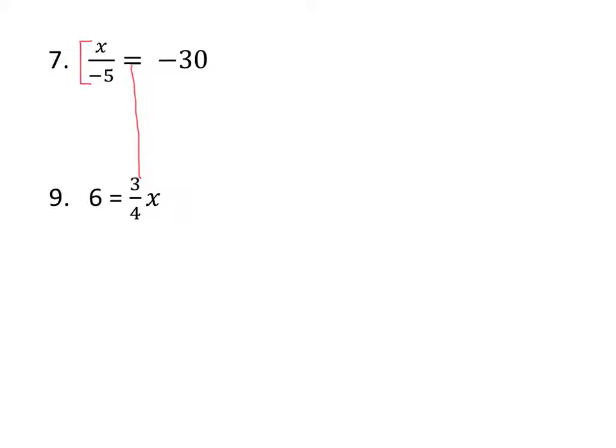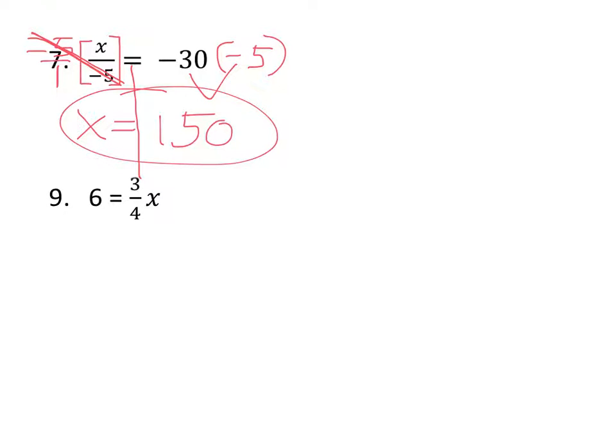So I'm going to put parentheses or grouping symbols and multiply by negative 5 over 1. If you multiply these negative 5s, they cancel out, so you just end up with x equals. Then if I multiply the left side by negative 5, I multiply the right side by negative 5. Multiplying these two negatives gives me a positive, and 30 times 5 is 150. So that's our answer right there.